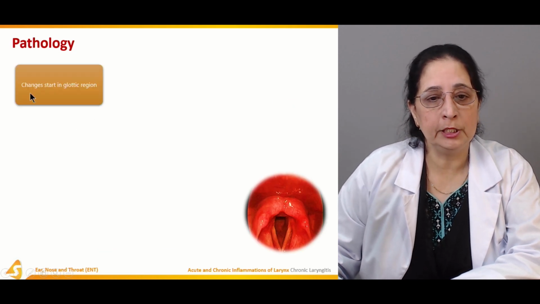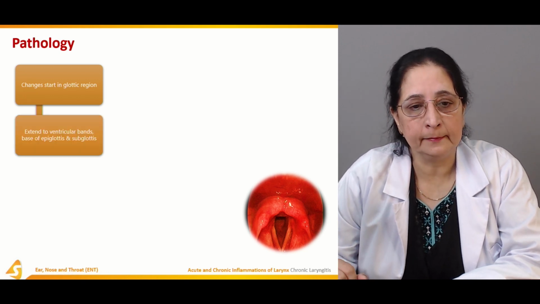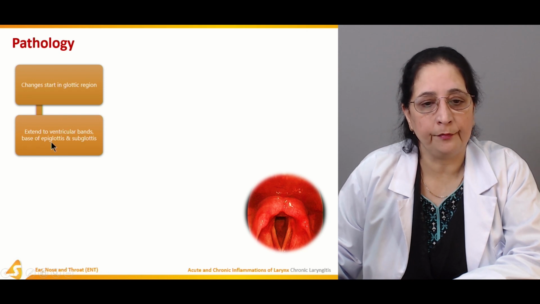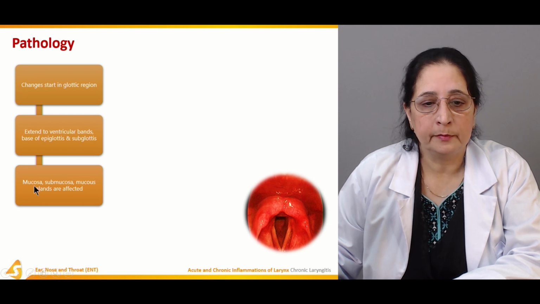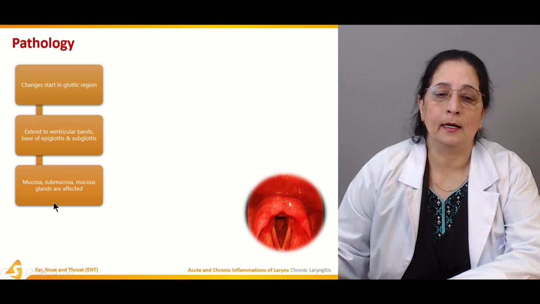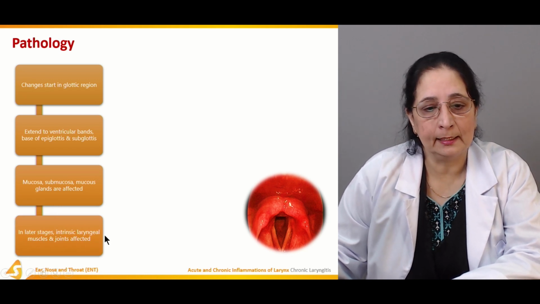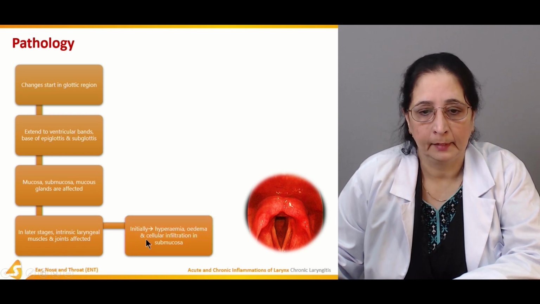Now the pathology. Usually the changes start in the glottic region, which extend to ventricular bands, base of epiglottis, and subglottis. Mucosa, submucosa, and mucous glands are affected, and in the later stage, intrinsic laryngeal muscles and joints are affected.